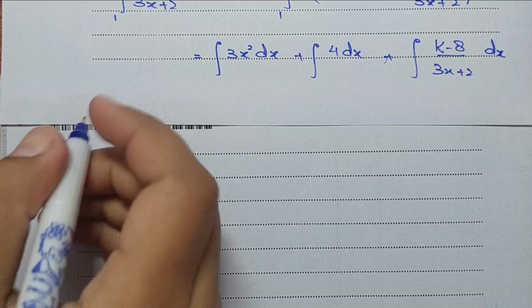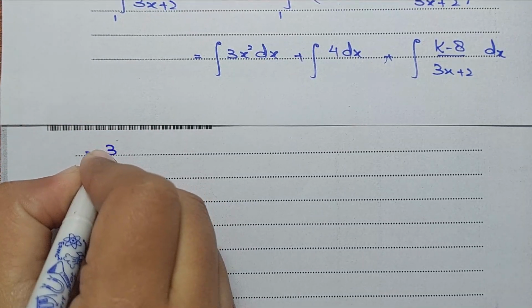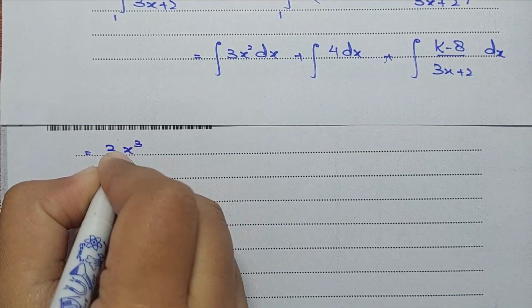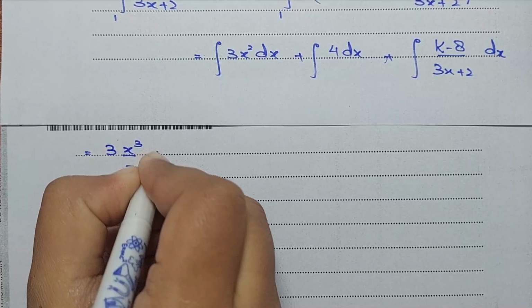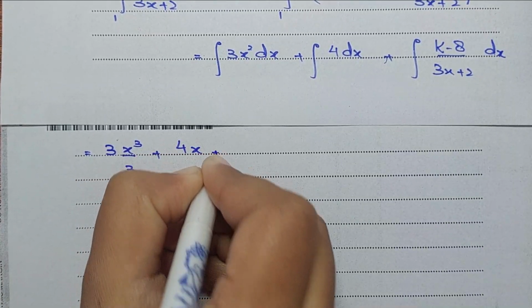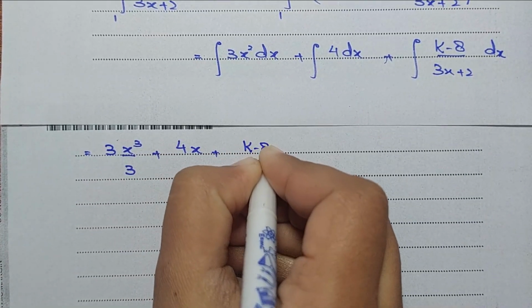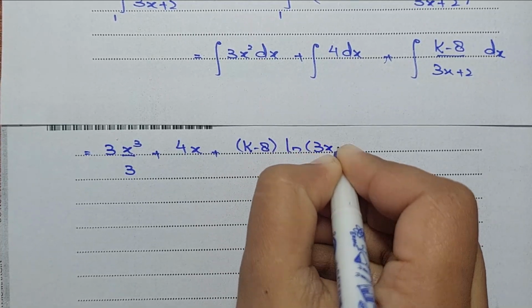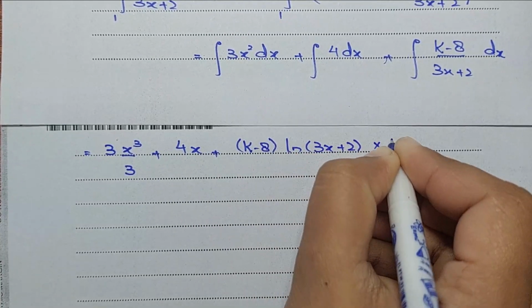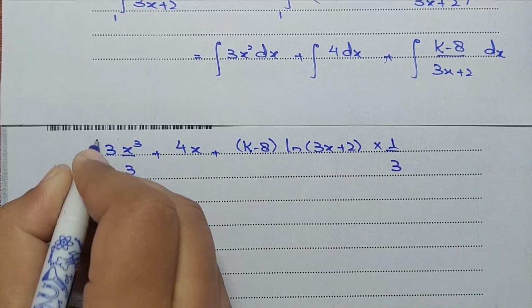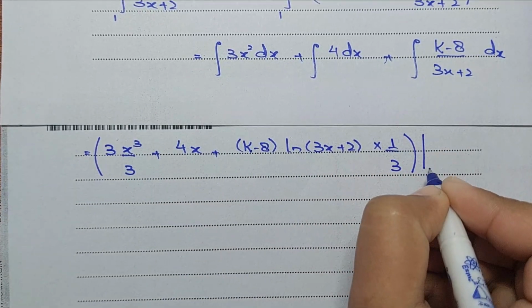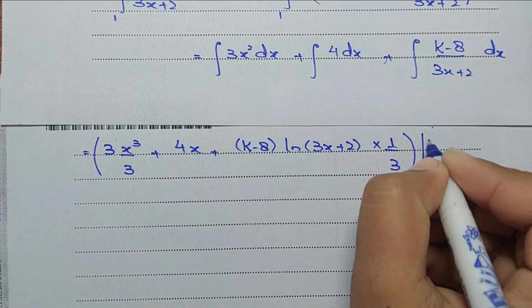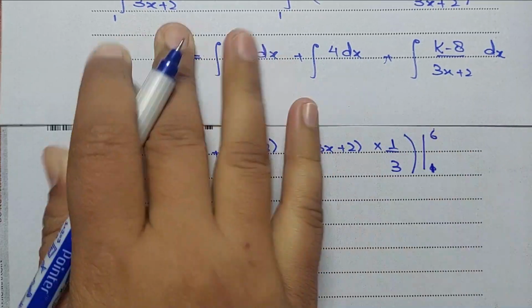Now the integration of 3x square is x cube, plus 4x, plus k minus 8 is a constant. The integration of 1 over x is ln of x, which here is 3x plus 2, and the derivative of 3x plus 2 is 3. Sorry, not from 0 to 6.